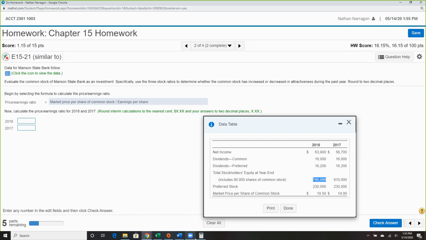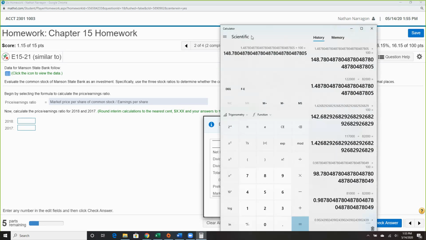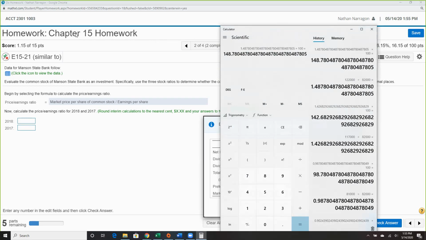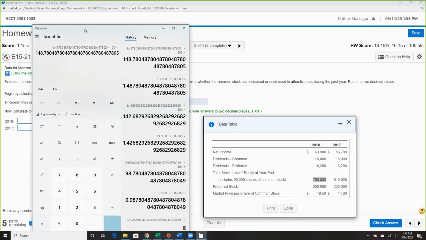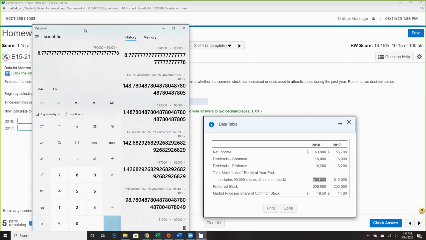So, calculator, 90,000. So let's start with 79,000 divided by 90,000 shares equals about 8.77.